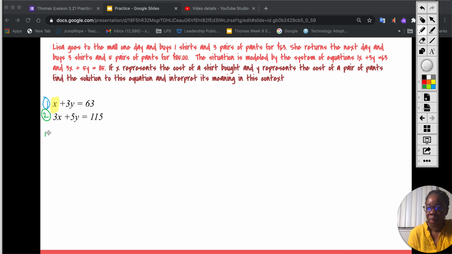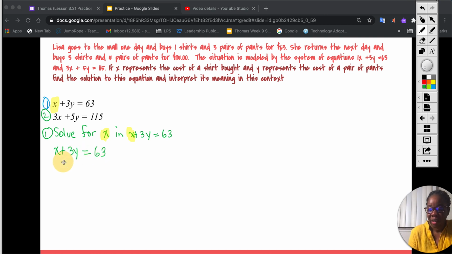Our first step is we are going to solve for x in x plus 3y is equal to 63. And let's go ahead and just highlight solving for x in here. So x plus 3y is equal to 63.